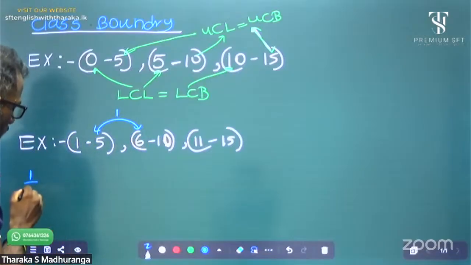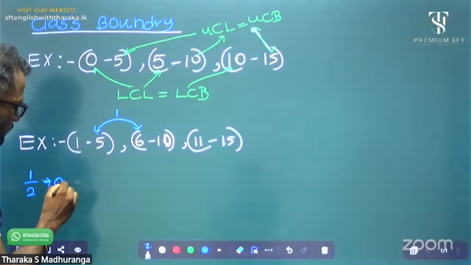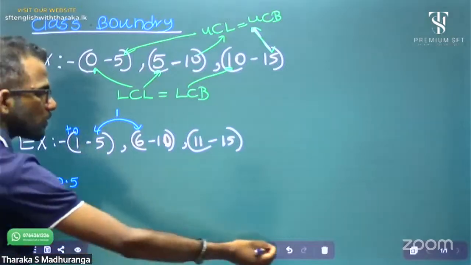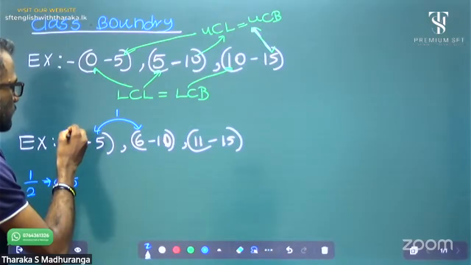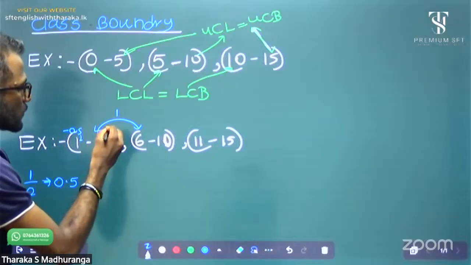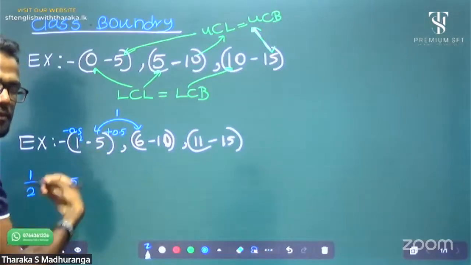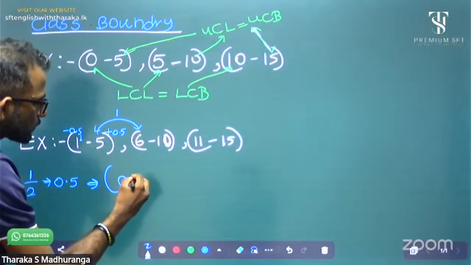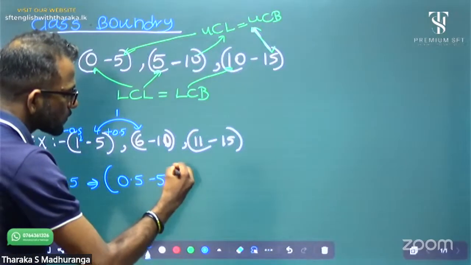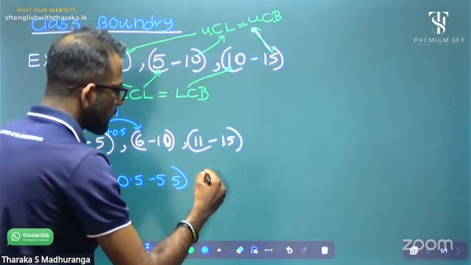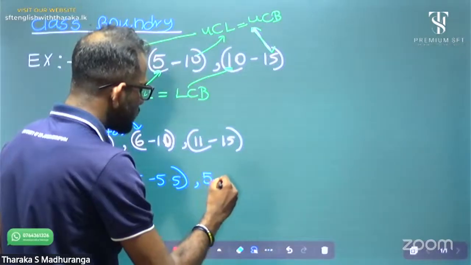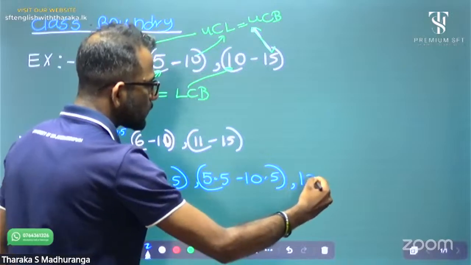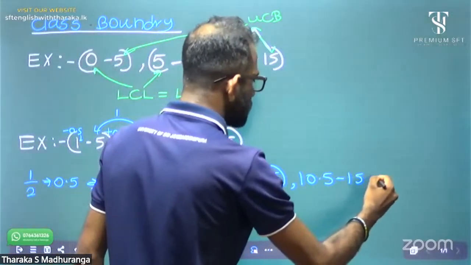Then 1 divided by 2 is 0.5. Subtract 0.5 from the lower class limit and add 0.5 to the upper class limit. Please note down like this. Then you can prepare 0.5 to 5.5, 5.5 to 10.5, 10.5 to 15.5.